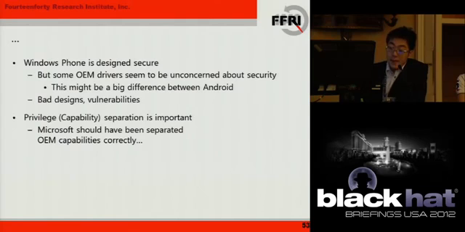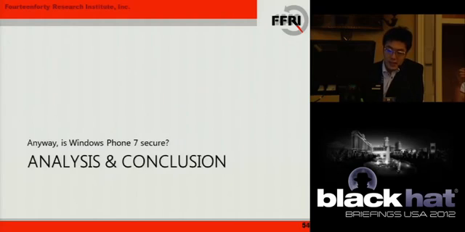On native code exploitation, the operating system is designed well, but there are some concerns regarding insufficient ASLR and .NET memory. And moreover, if an app with the ID_CAP_INTEROPSERVICES capability is vulnerable, it may result in a sandbox bypass.